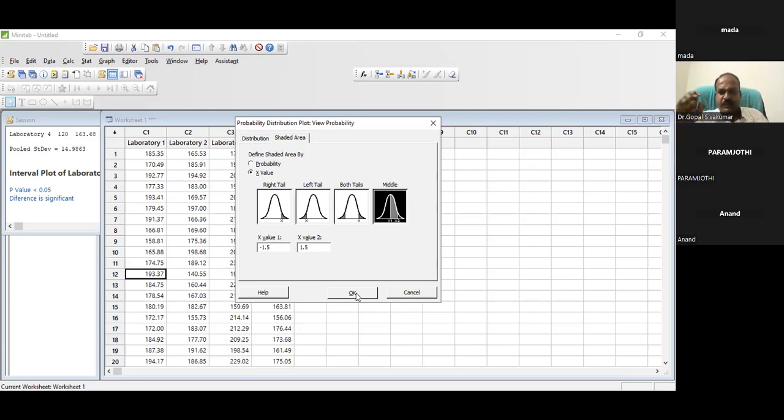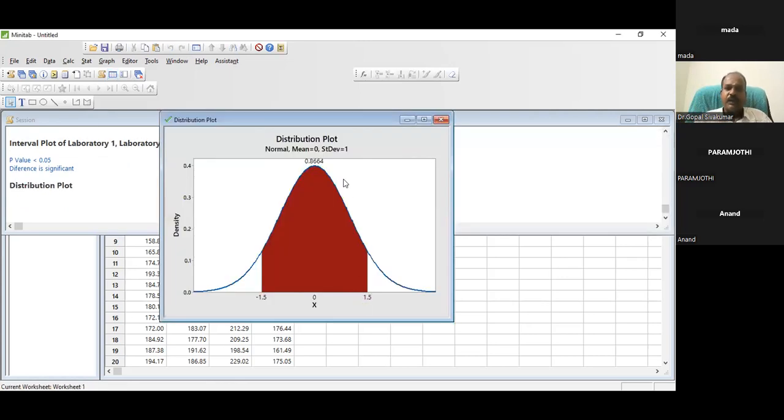Now, your company has clearly told that any observation beyond 1.5 standard deviation is significant. Now, what is the significance level? 86%. 86% is acceptable, but beyond 1.5 is unacceptable.